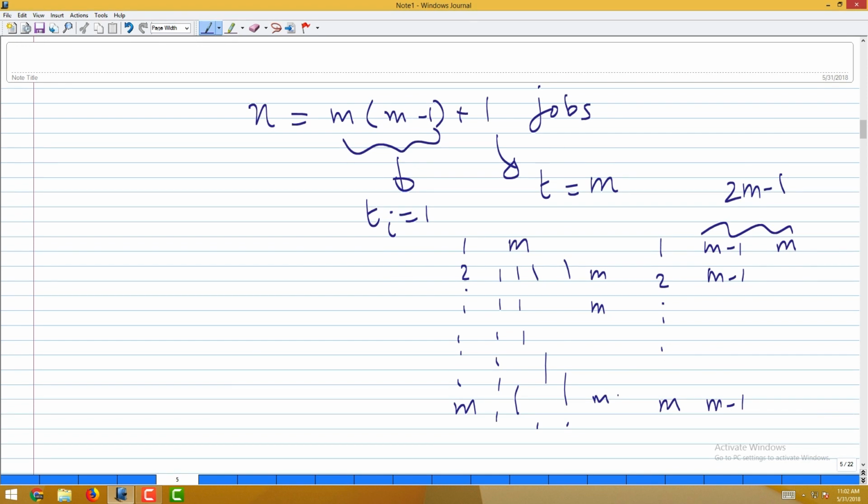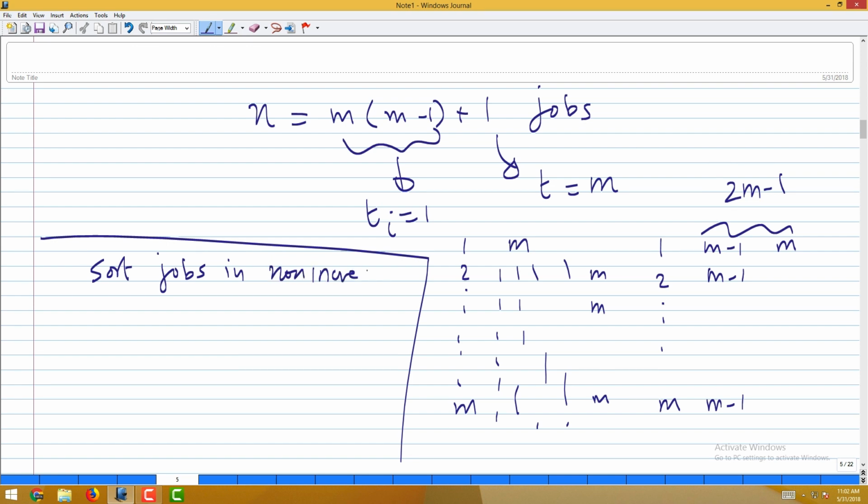Good. So, we are going to fix that now. The next algorithm: sort jobs in non-increasing order of the times. Then do the greedy.